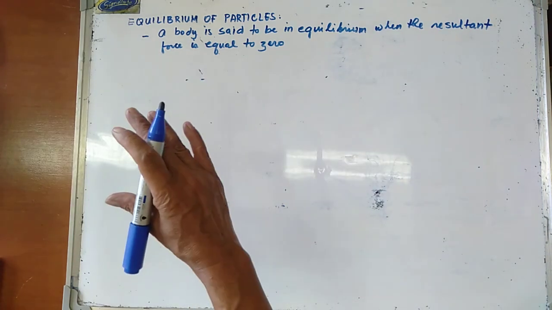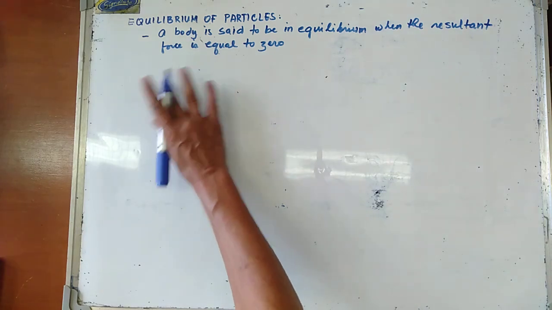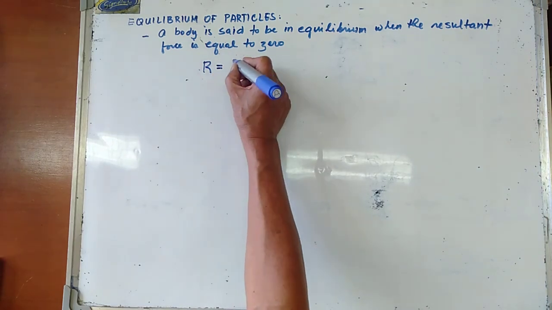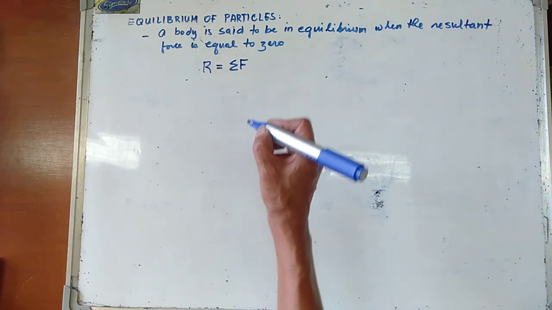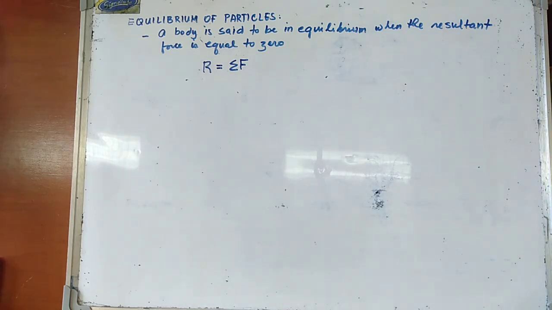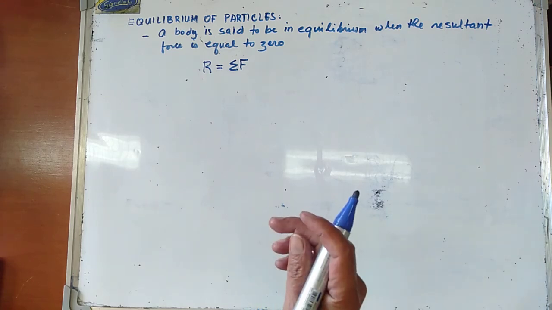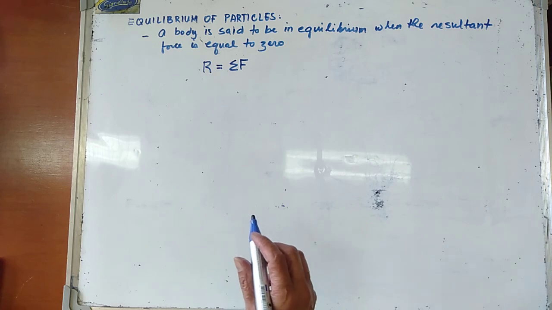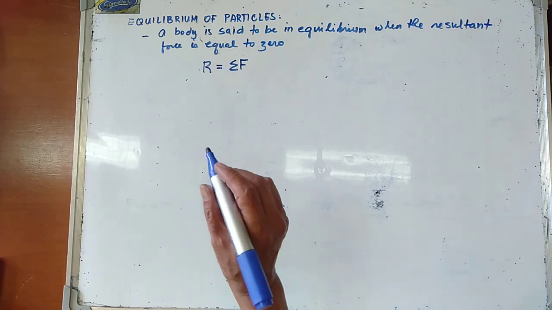So if you try to recall how we get the resultant, the resultant force is now equal to the summation of forces. Since we are in equilibrium, the resultant force is equal to 0.